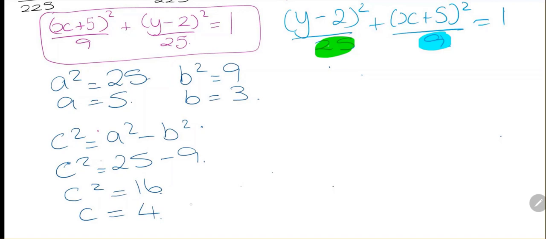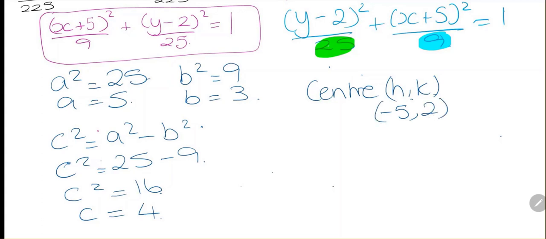So now we need to find the center, h and k. So we can look at our equation, and we have h is minus 5, and k is going to be 2.